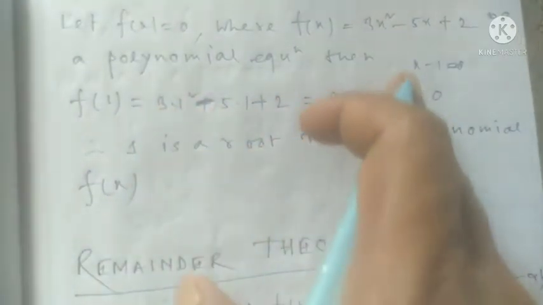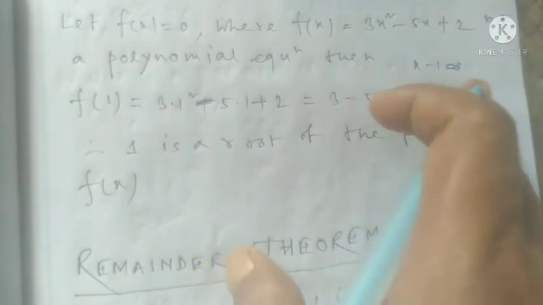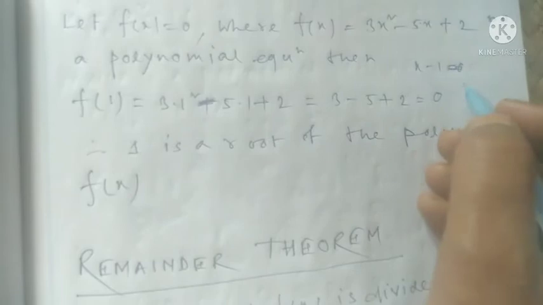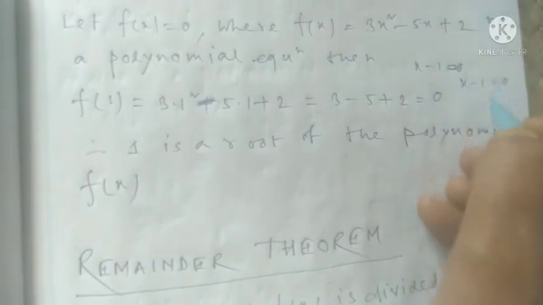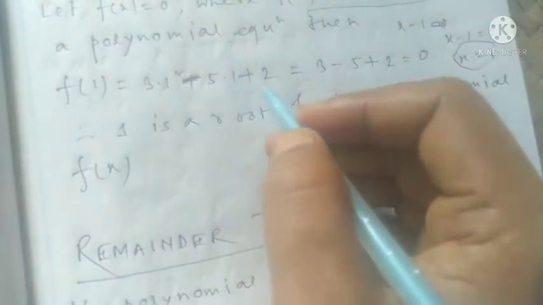If your remainder is 0, first of all you have to calculate x. So first take x minus 1 equal to 0. That's why x equal to 1. You have to put it in here. This is already calculated in this line, I think. So 3 into 1 square minus 5 into 1 plus 2.